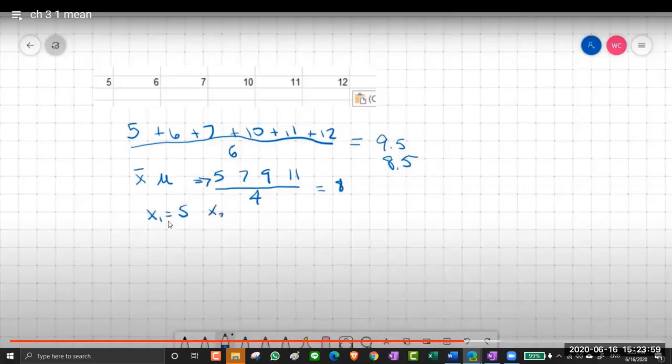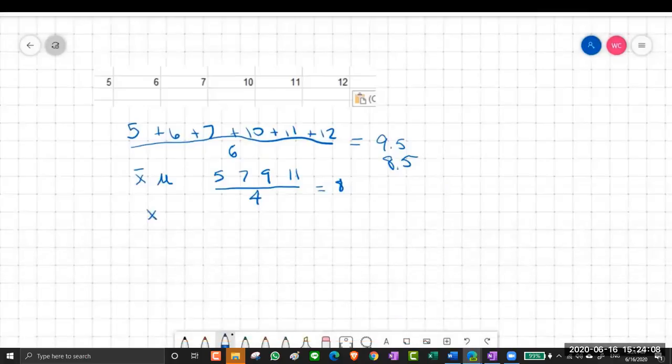We denote the first element of our data set as x1, so in this case x1 is 5. We'll denote the second element by x2, which in this case is 7. x3 will be 9, and x4 will be 11.